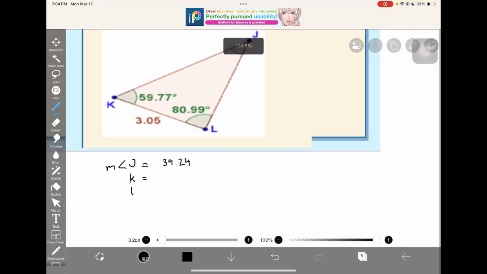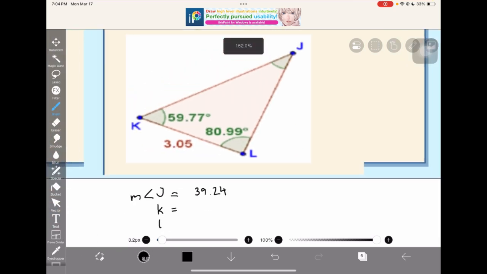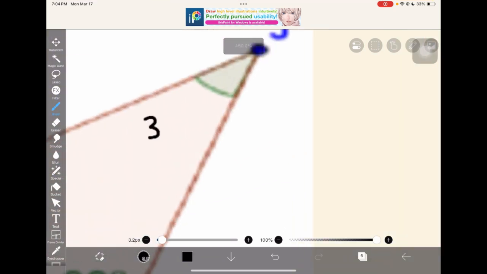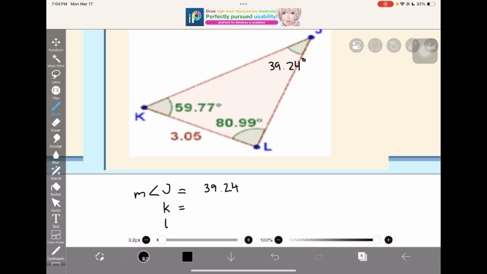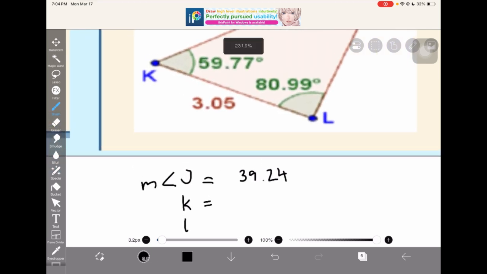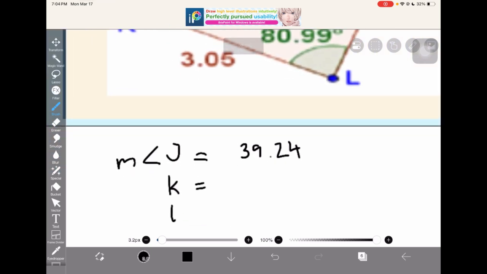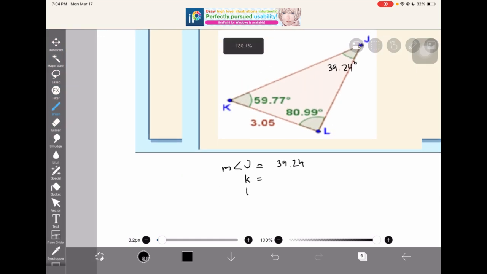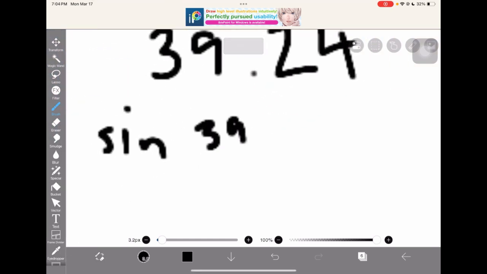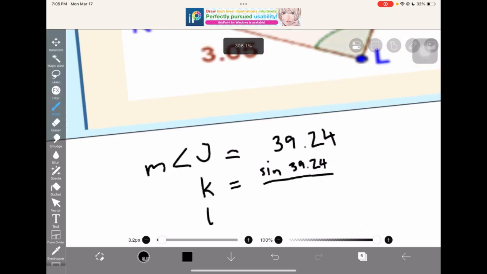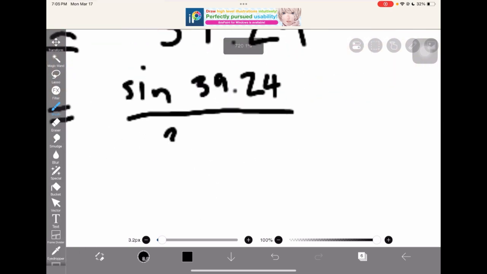Next, we need to find side K. Now that we have a given over here, now we have an exact value over here, we can still use this as we computed the angle the mathematical way, so it's exact. So we can now use this as an example. So we got sine of 39.24 over 3.05.